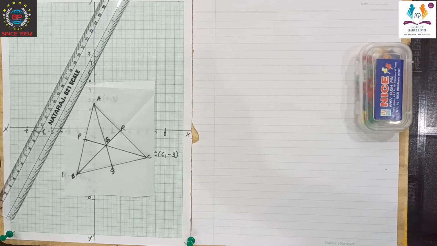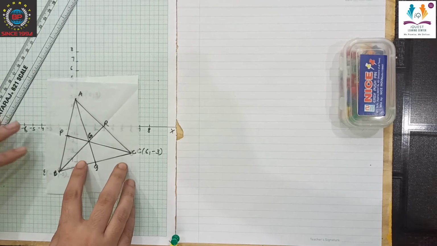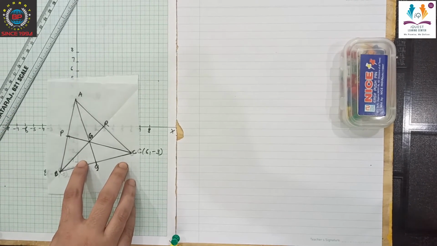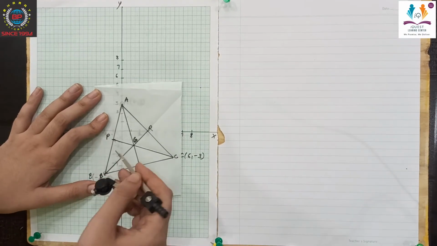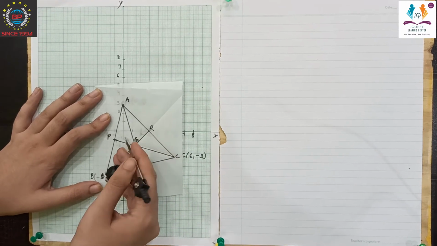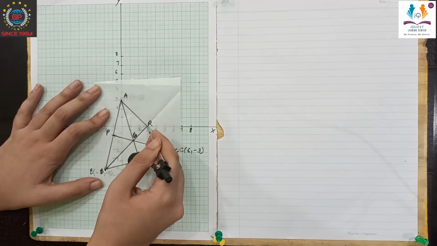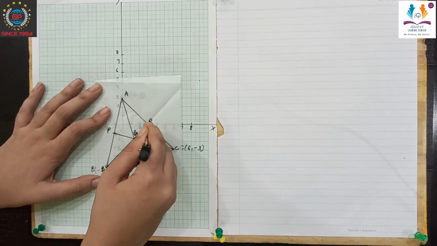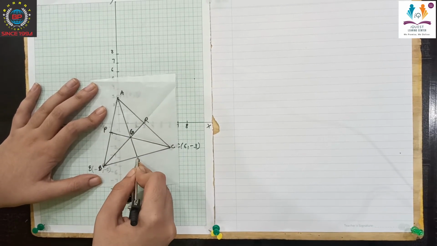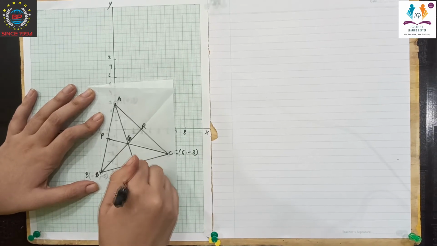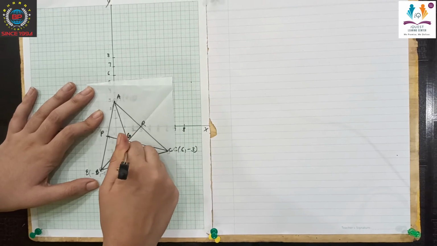Now place the traced triangle on the original triangle and trace the centroid on the graph sheet. Now with the help of a compass, I am marking the midpoints by pressing the lower side of the compass gently in the graph paper, so that we can mark them on the graph sheet.